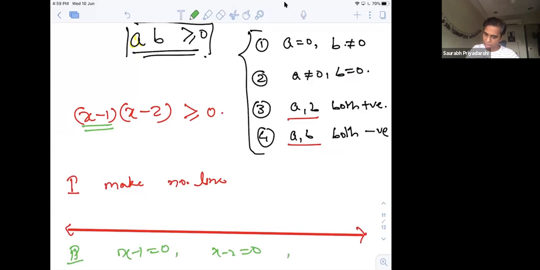So obviously first x is equal to 1 पर, second x is equal to 2 पर. ये दोनों point 1 and 2 you have to mark on this number line, right?